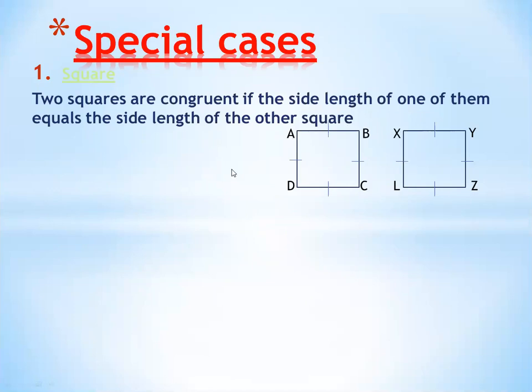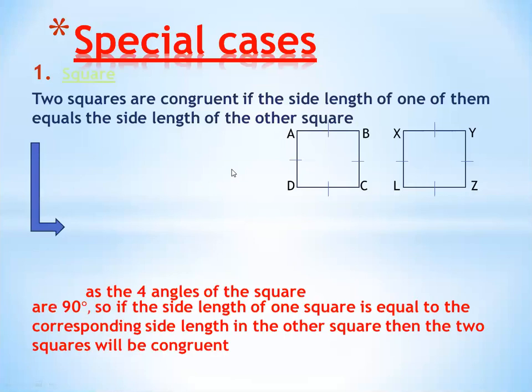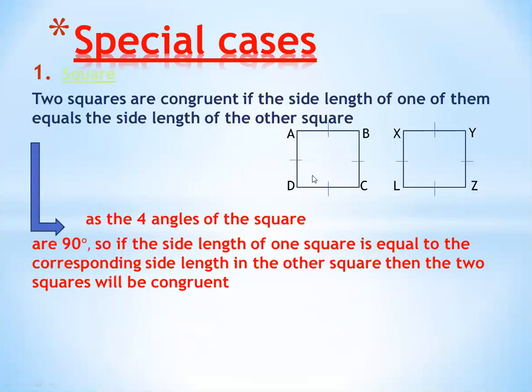So are they congruent? Let's check why they are congruent. As the four angles of the square are 90 degrees, if the side length of one square is equal to the corresponding side length in the other square, then the two squares are congruent. Why? Because the angles of the square are 90 degrees.